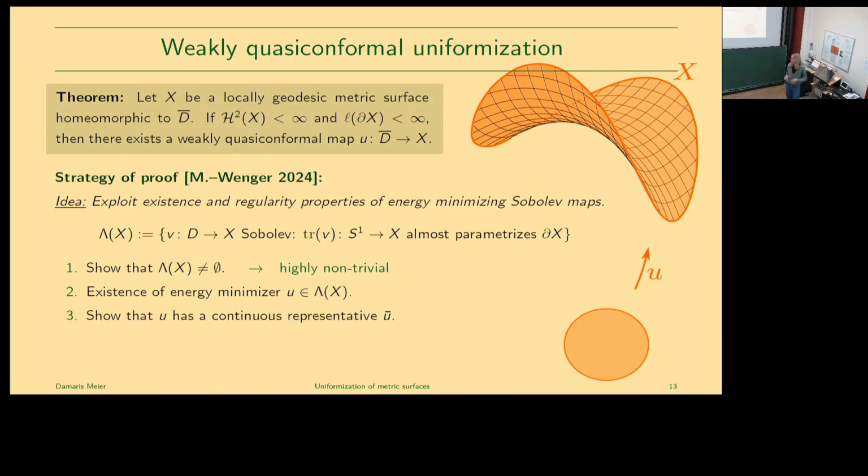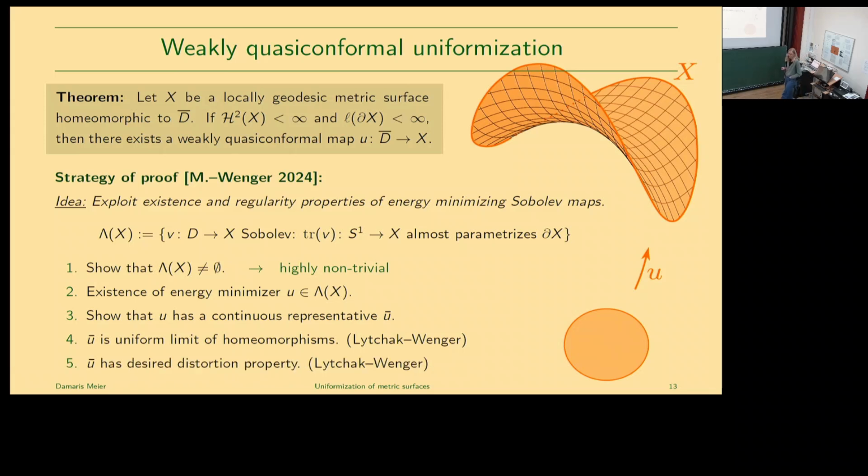And in the next step, we show that this energy minimizer has a continuous representative, and we use results of Lytchak and Wenger to show that it's a uniform limit of homeomorphisms, and also that it has the desired distortion property.